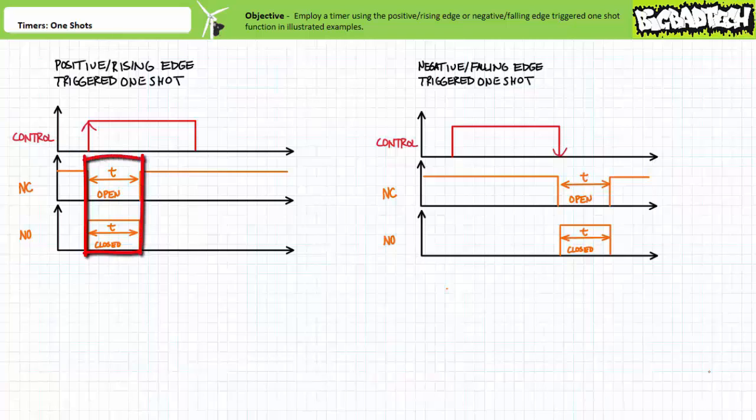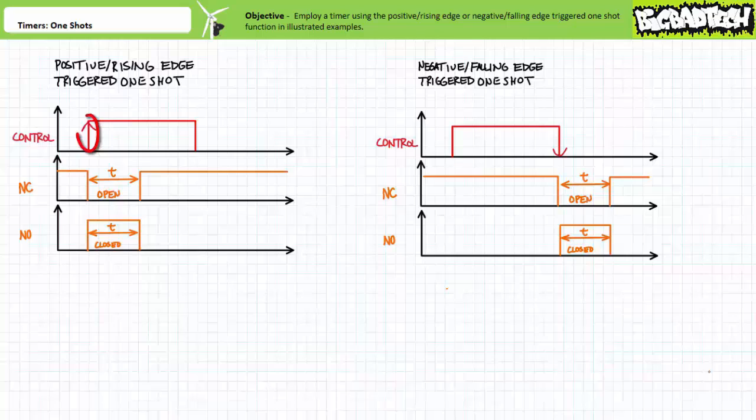and that the one-shot function is only enabled once for a period T on a rising or positive going transition of the controlling input. Alternatively, a negative or falling edge triggered one-shot is one where the one-shot function is only enabled once for a period T on a falling or negative going transition of the controlling input.